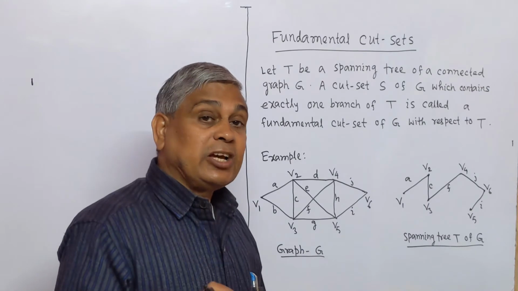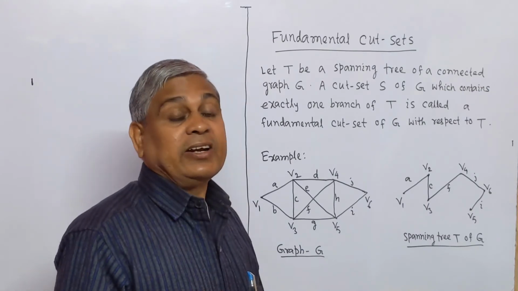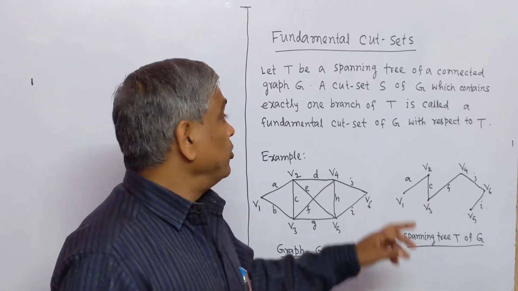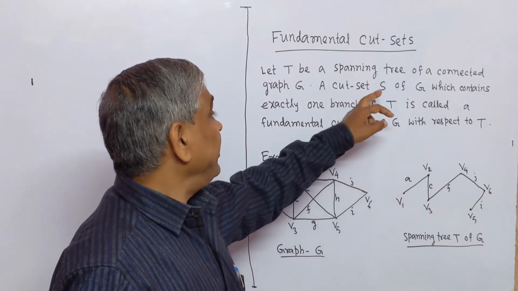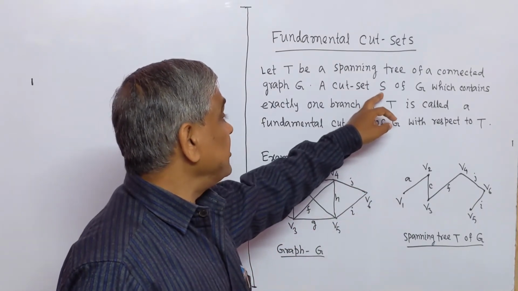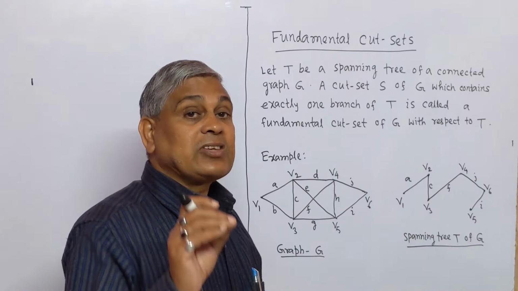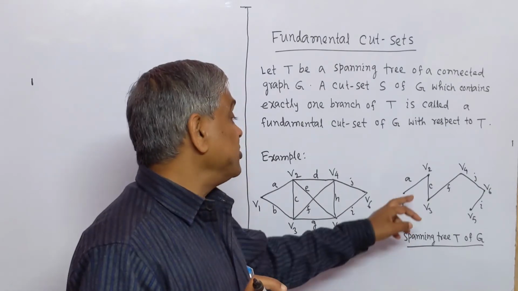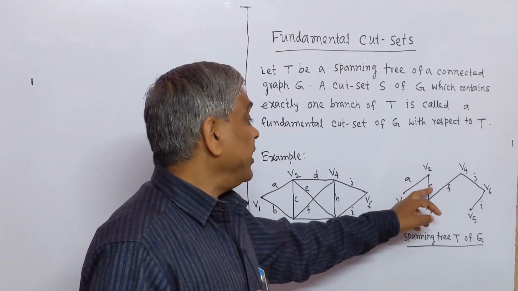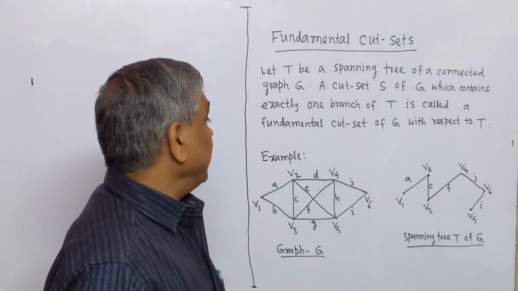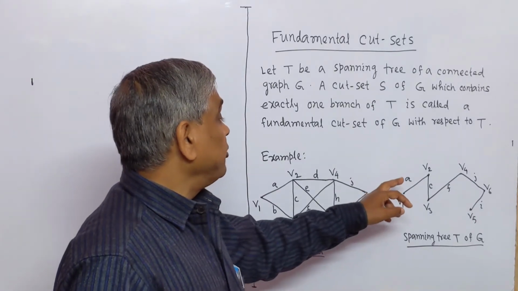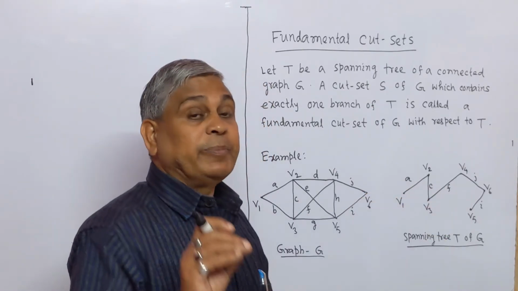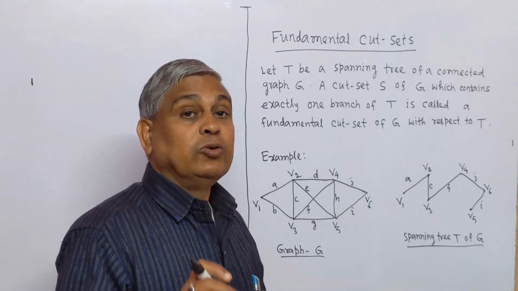From the definition of fundamental cut set, we know that a fundamental cut set S contains exactly one branch of a spanning tree T.